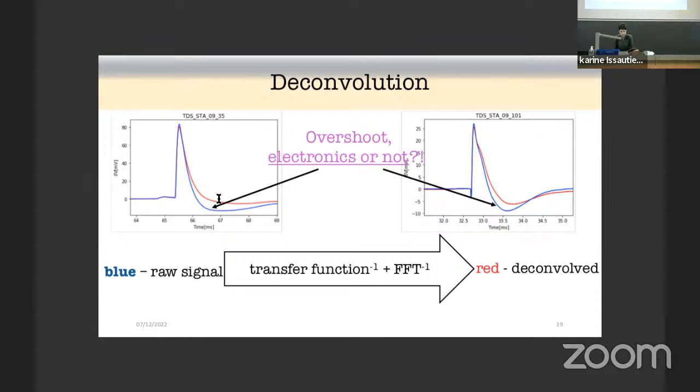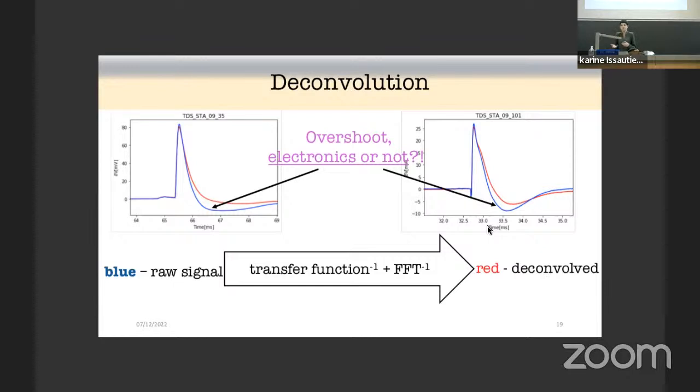So we were not sure about this overshoot that we can see on some signal plots. Is it related to this electronics problem or signature, or is it something else?